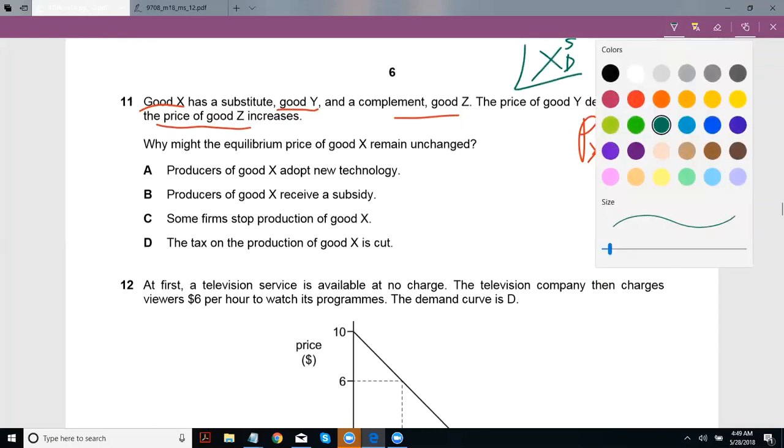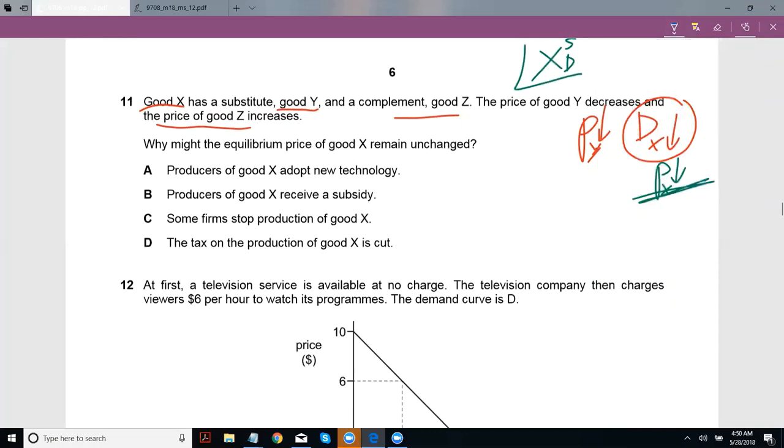However, let's look at the other side, where we have the complement good Z. If the price of Z increases, it means the quantity demanded of Z goes down, because that's the simple inverse relationship.